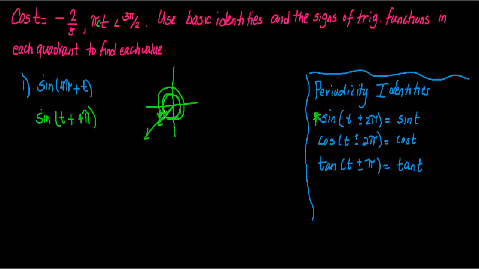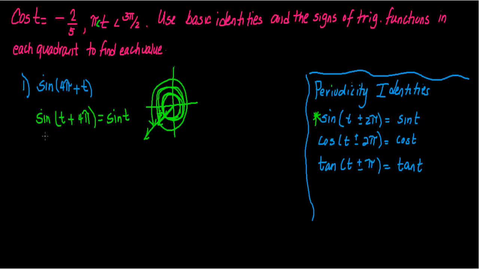If I go around 3 turns, 2 pi, 4 pi, 6 pi, I end up at the same place. So that's why the sine of t plus 4 pi is going to equal the sine of the original angle, because it ends up at the same place. It's a coterminal angle. So I've simplified this to this by using the identity, and I've shown you why this works.